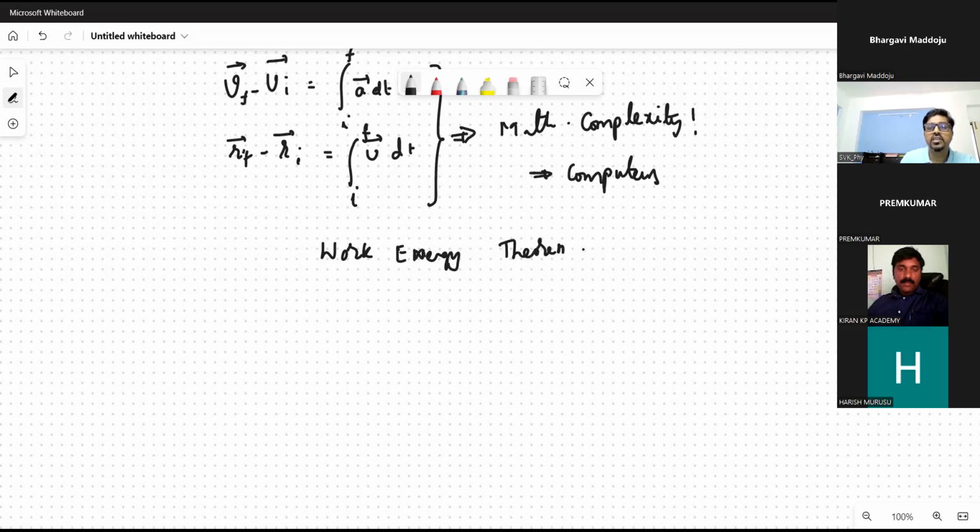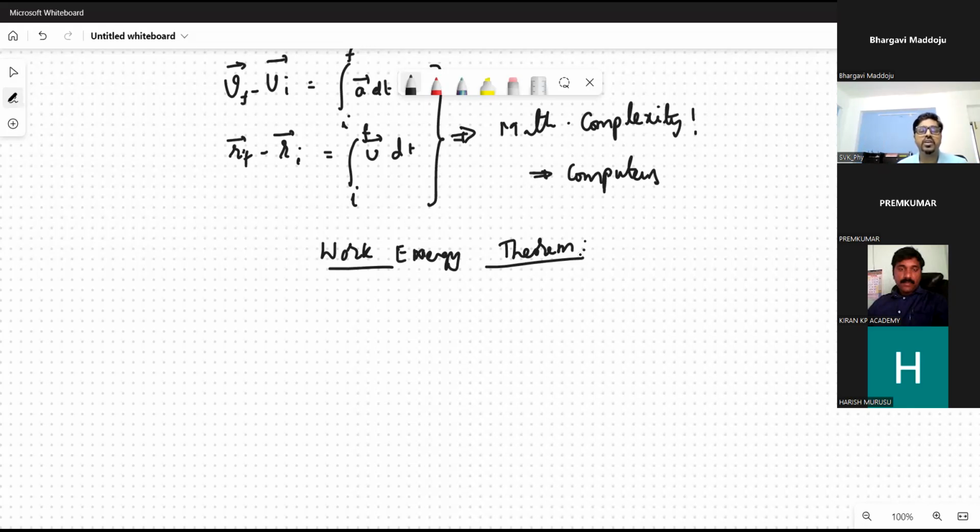So this work energy theorem is introduced only to simplify things, only to give an alternative method to find velocities. It's not a new theory as such. The reason behind work energy theorem also, the student should understand that. Simply don't start a new chapter. Why are we studying? Because sometimes Newton's law can be very complex.